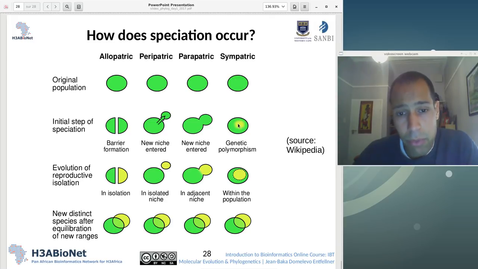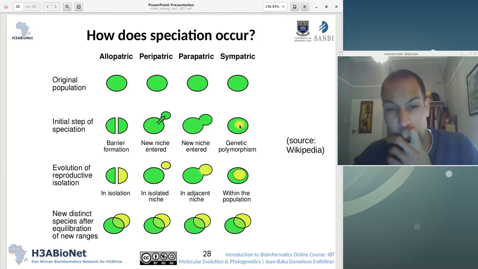Sympatric speciation happens when there is genetic polymorphism in the population. There are individuals, for instance, if we take the case of plants, who keep on living in the same environment, but they blossom at a different time in the year, and if they blossom at a different time in the year, they cannot obviously mate together.